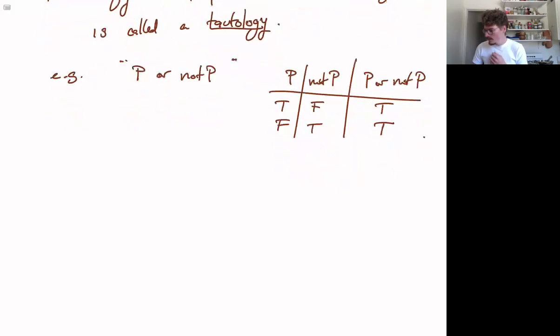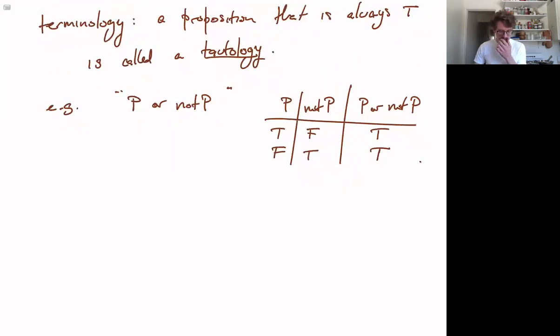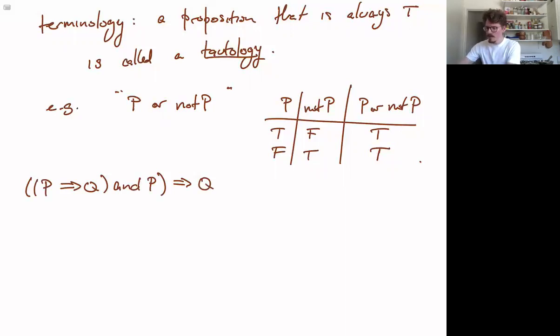Let's look at a slightly more complicated one. So another example. P implies Q, and P implies Q. This is a little bit longer, so let's write down the truth table again, just to be explicit about it. So we have P, Q, and then I'm going to build it up piece by piece, like we did before, so that we can tell what's going on.